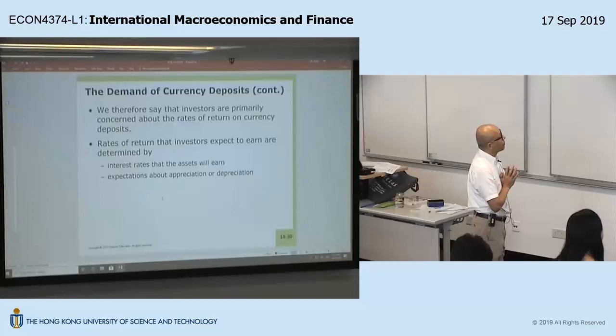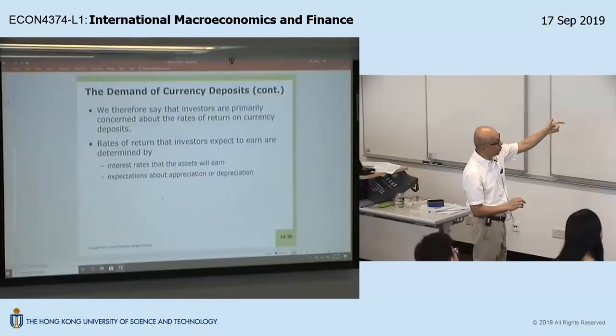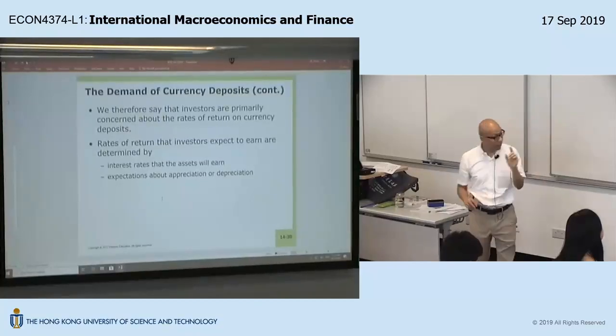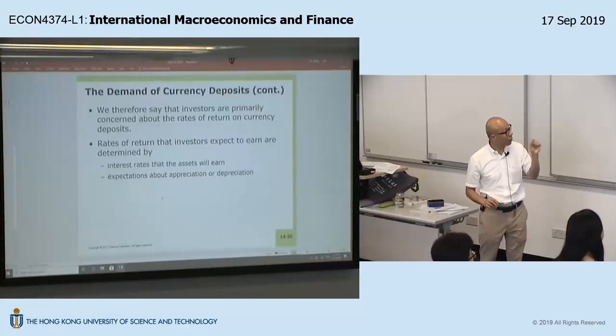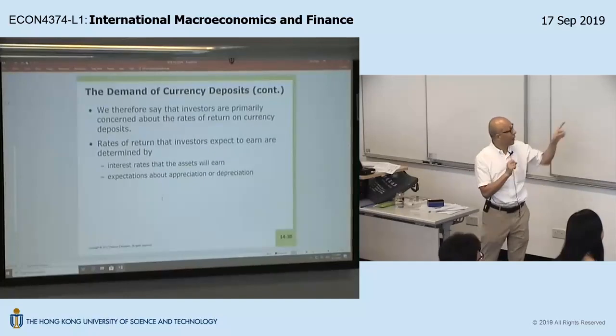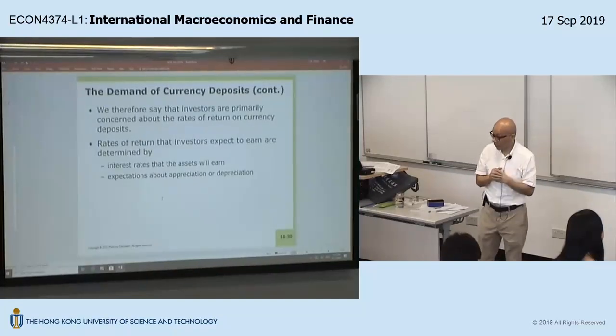But the rates of return that investors expect to earn are determined by just two very simple things. One is the interest rates of the assets, and the other is the expected rate of appreciation or depreciation.